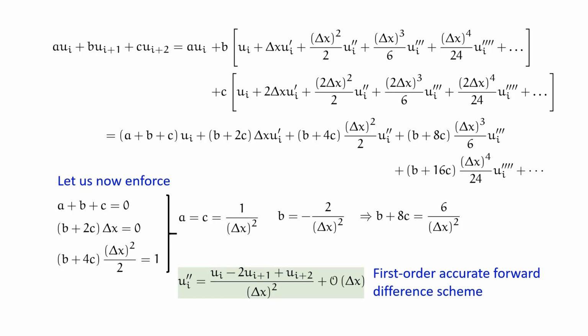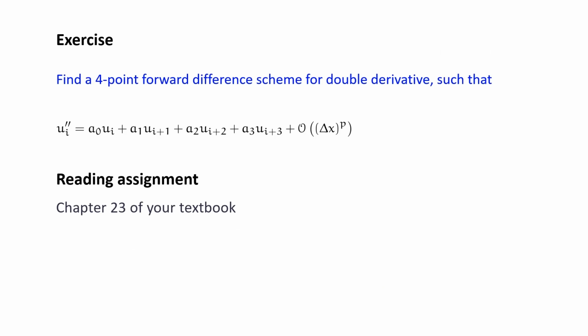If we want to make it a higher order accurate expression, then we have to bring in an additional term. If you want a higher order accuracy scheme for the forward difference double derivative, you can take u_{i+3} in the mix and try to figure out: if we have this expression of u_i double prime equals a0 u_i plus a1 u_{i+1} plus a2 u_{i+2} and a3 u_{i+3}, then what will be these coefficients a0, a1, a2 and a3, and what would be the order of accuracy of this scheme?